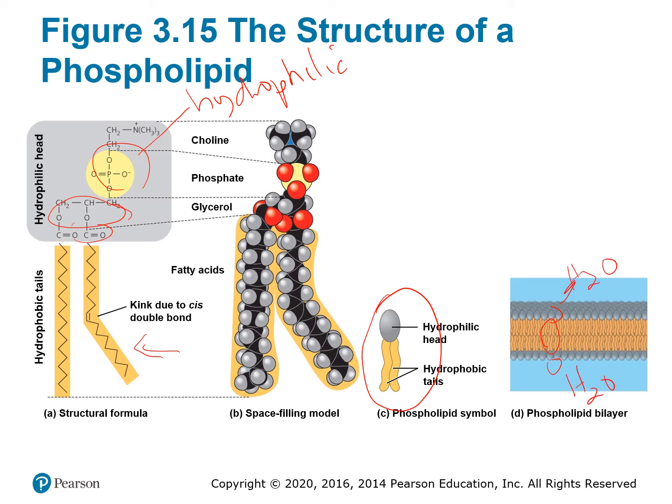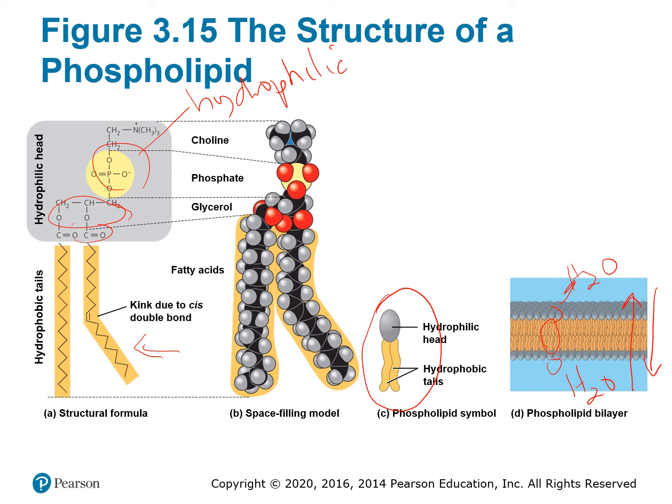Whereas the oil forms this layer in the middle that serves as a hydrophobic core of the membrane. And so these phospholipid bilayers make up your cell membranes, and they regulate passage of material into and out of your cells. We're going to spend a whole chapter this unit talking about the cell membrane and how materials cross. For now, let's just recognize this phospholipid.